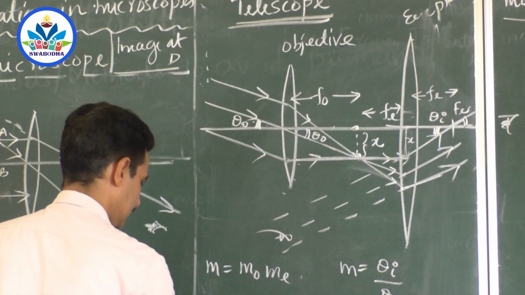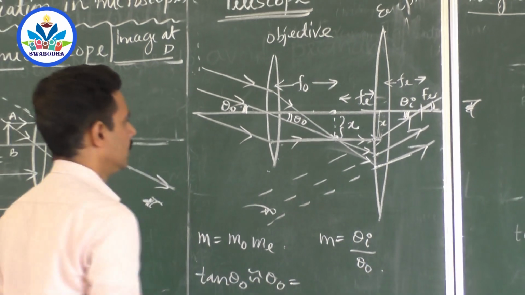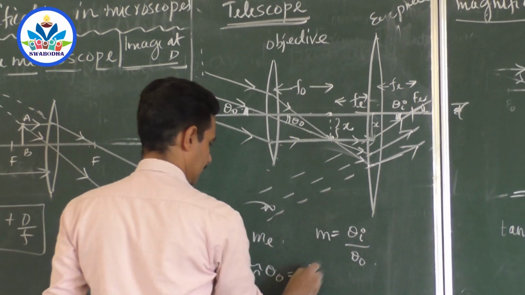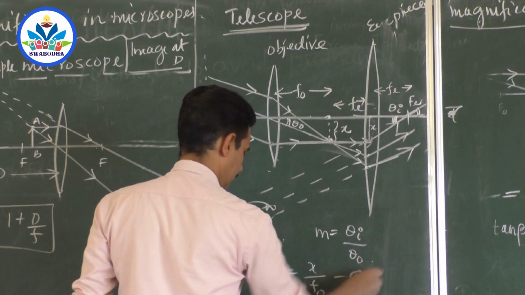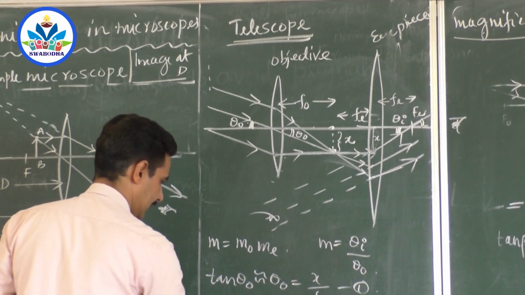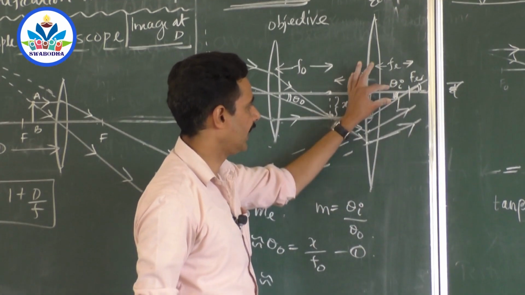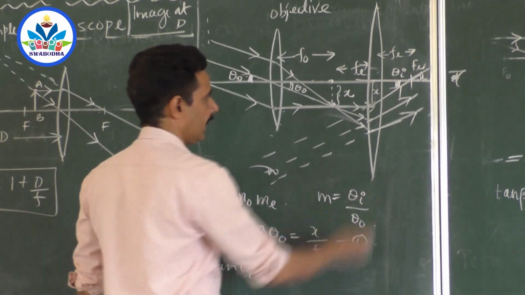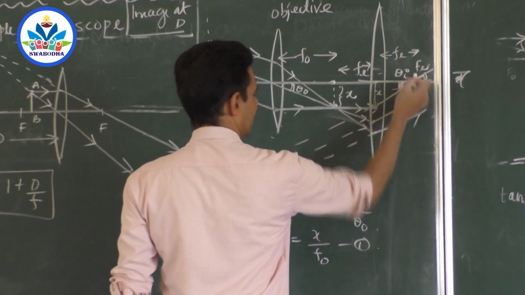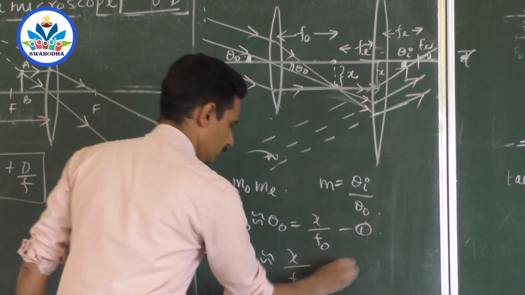So what is tan theta naught, which is almost equal to theta naught? Tan theta naught is opposite side by adjacent side, x by f naught, equation 1. What is tan theta I, the angle created at the eye by the image? Shall I take it as theta I here? Tan theta I is opposite side x divided by adjacent side, the focal length of the eyepiece, x by Fe, equation 2.